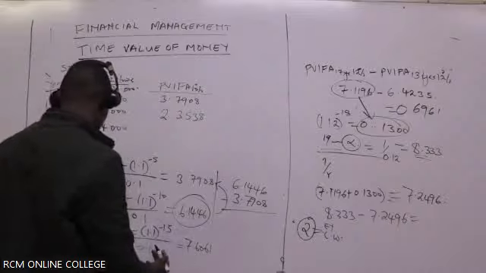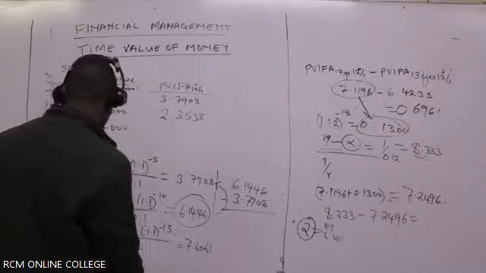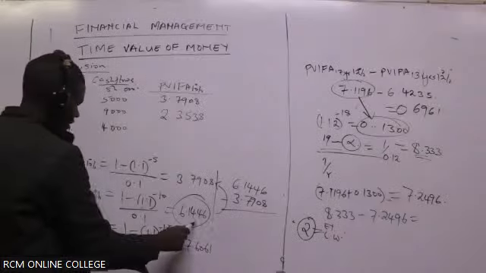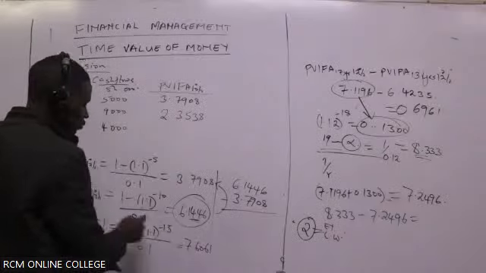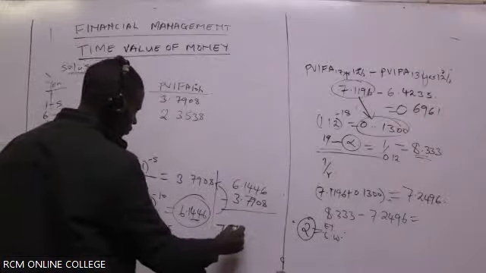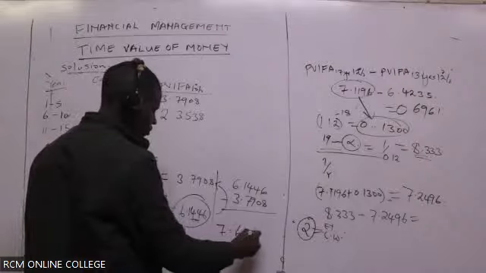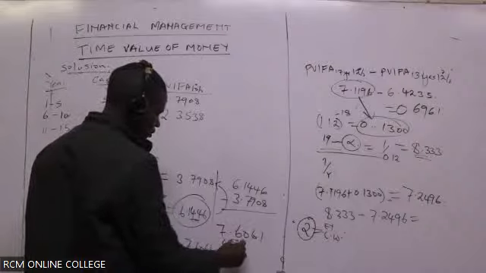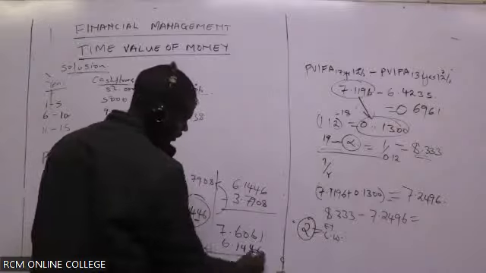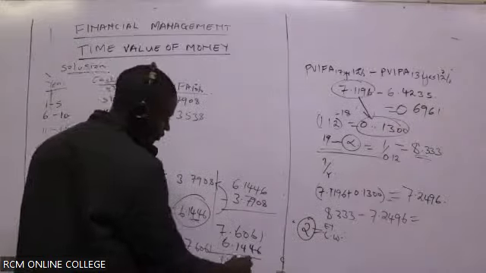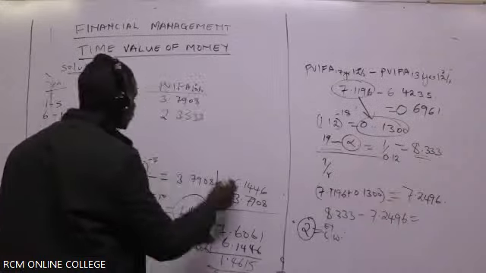So I want 11 to 15, so I will subtract the one for 10 years, which is 6.1446. So 7.6061 minus 6.1446 gives 1.4615.